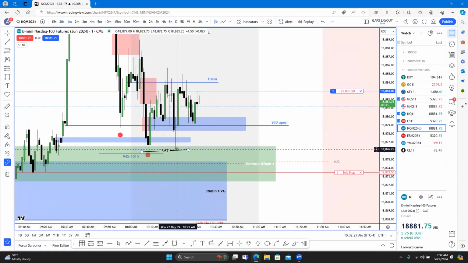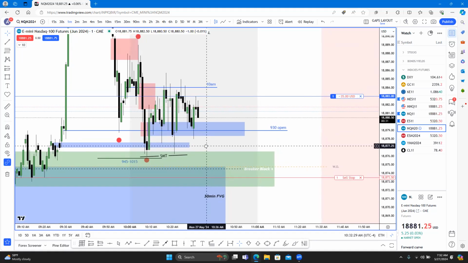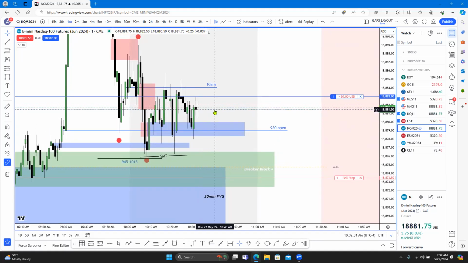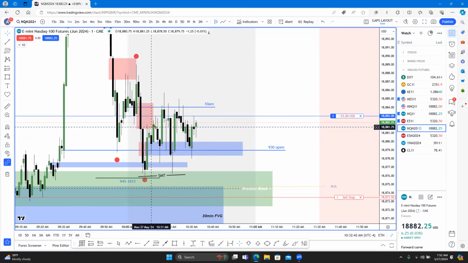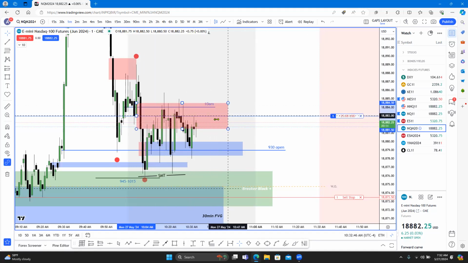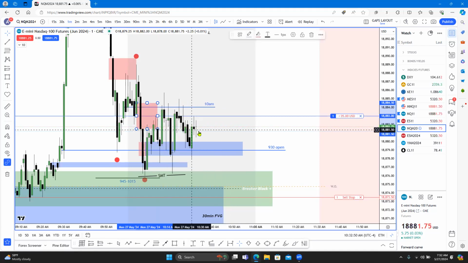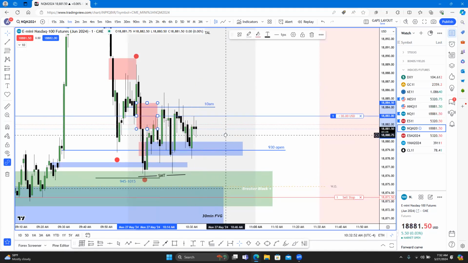So that helps us in our analysis. Or we could just consolidate around here and then move around 10:45 because it's Monday, it's Memorial Day here in the States. So getting above this bearish gap and closing would be a nice confirmation higher.